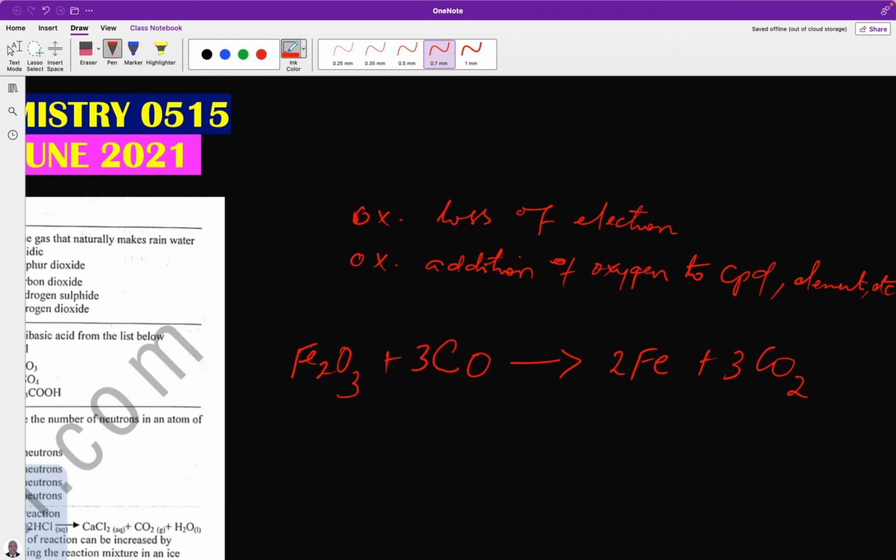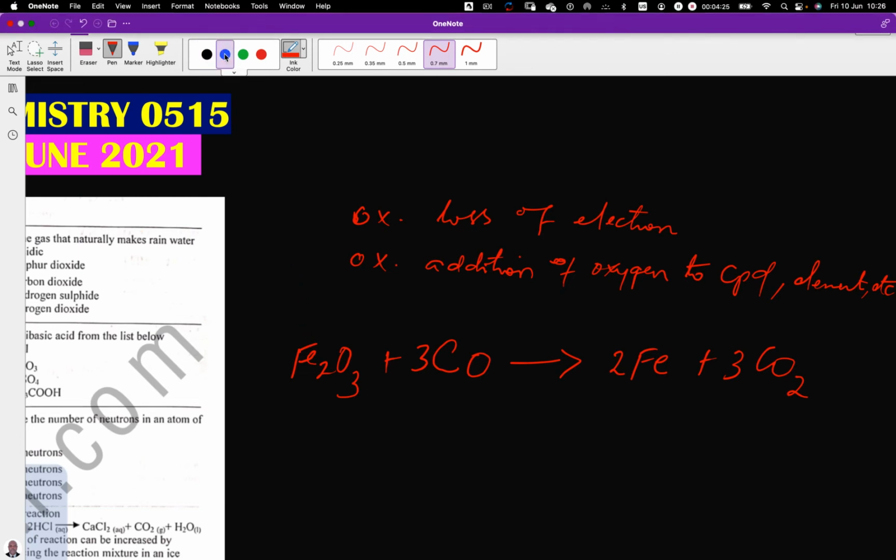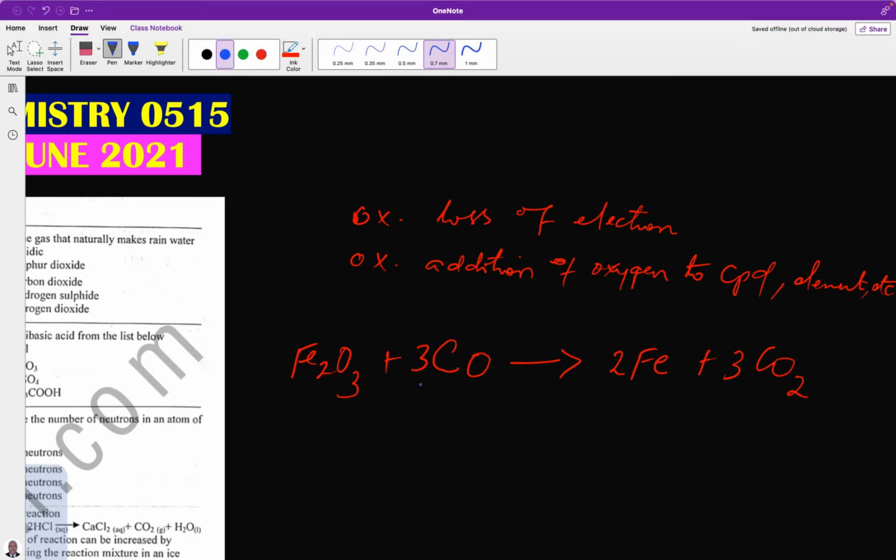From iron, then from carbon, there's oxidation. This is oxidation and this is reduction.